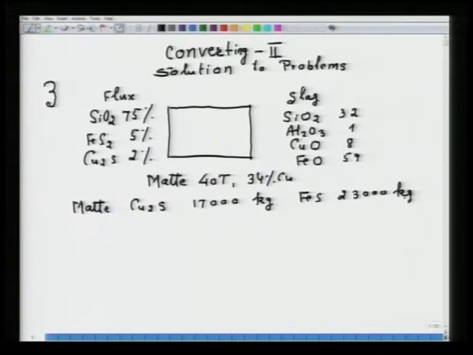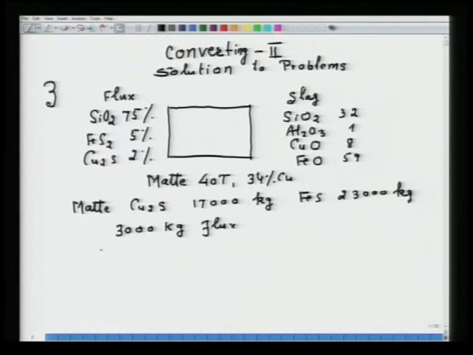We can calculate from 34% copper and so on. Now, the first batch consists of 3000 kg flux. Then we can calculate the amount of SiO2, FeS2 and Cu2S.